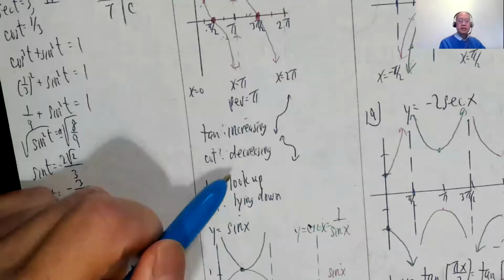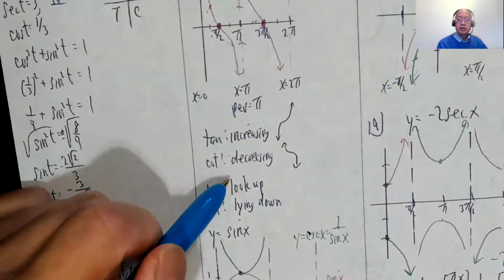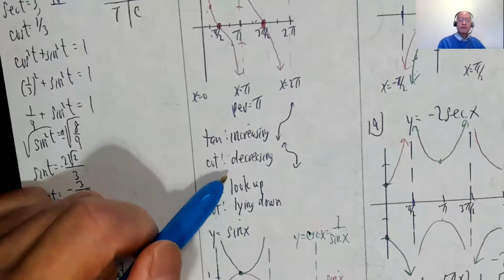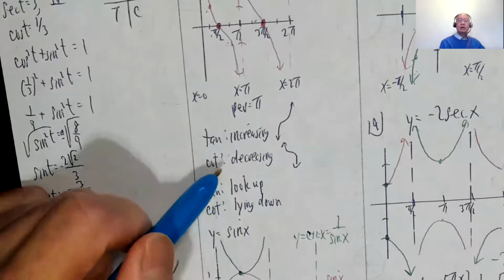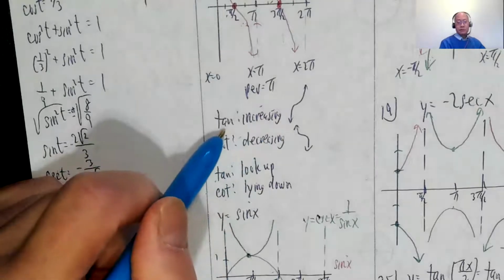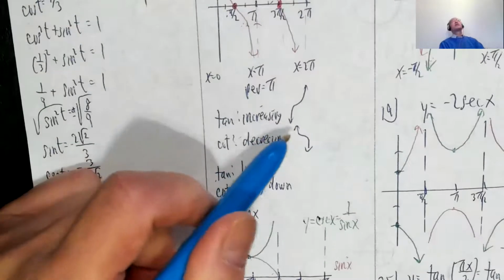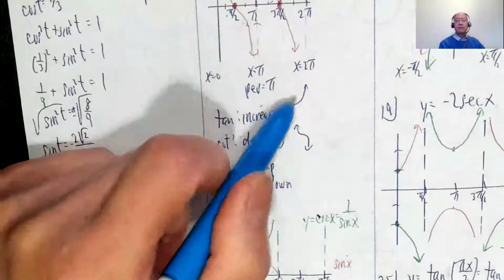cotangent is decreasing. Now, since you're allowed a cheat sheet you don't have to memorize this, but if we were meeting face to face and you needed some memory trick, I had a memory trick. For the tangent, if you are on a beach and you want to get a tan, you're looking up. So you're looking up, so increasing up.